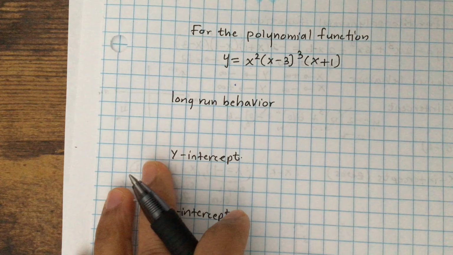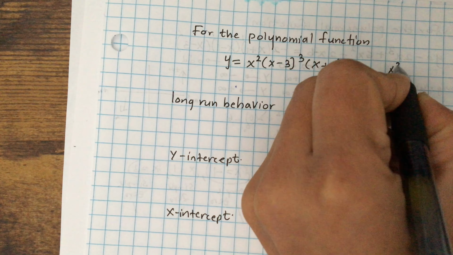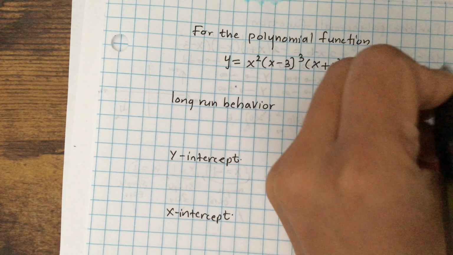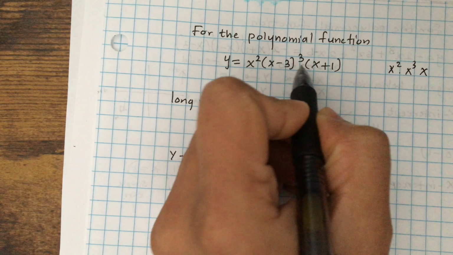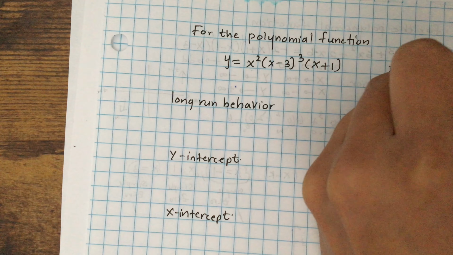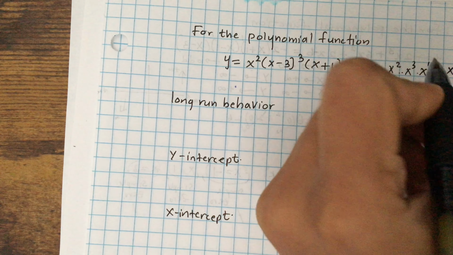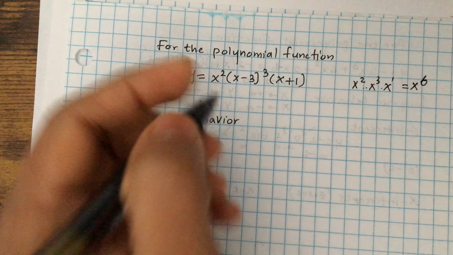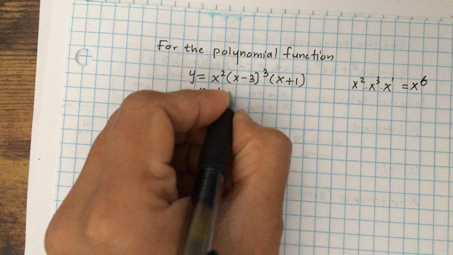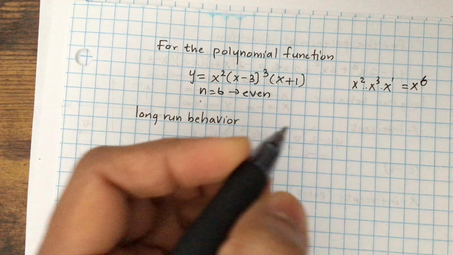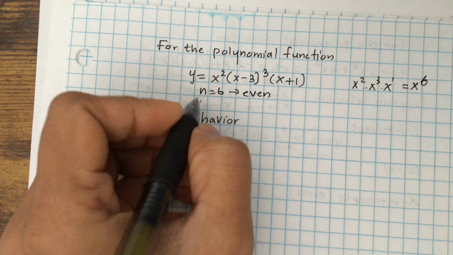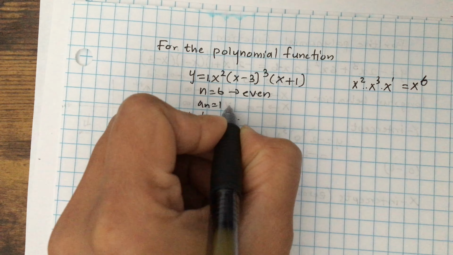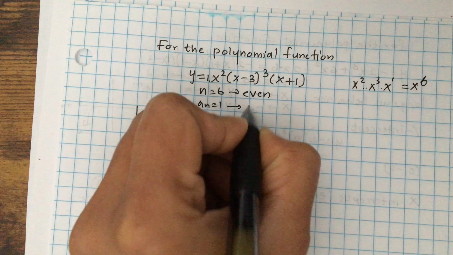So then n equals what? If you add the powers, 2, 3, 1, that gives 6, right? So the degree of this polynomial is 6. n equals 6, which is even, right? And how about a_n? a_n is 1. So it is positive, right?